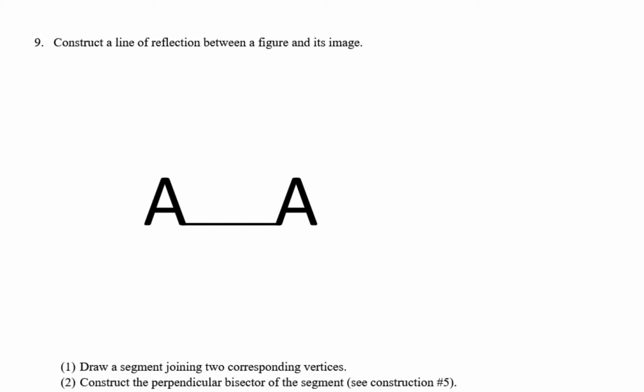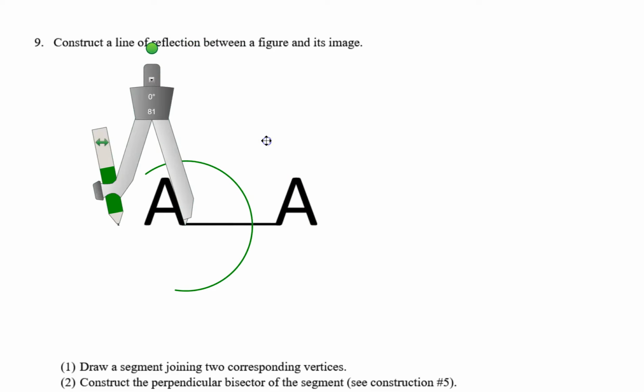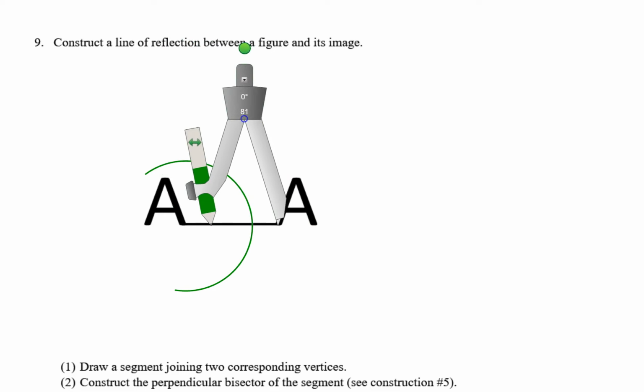And what you're going to end up doing is constructing the perpendicular bisector of this segment, which we've already done a few times now at this point. So grab my compass. Okay, green is as good a color as any. Opening up over halfway, and I'm going to construct an arc. I'm going to do the same thing. I have not changed the measurement at all.